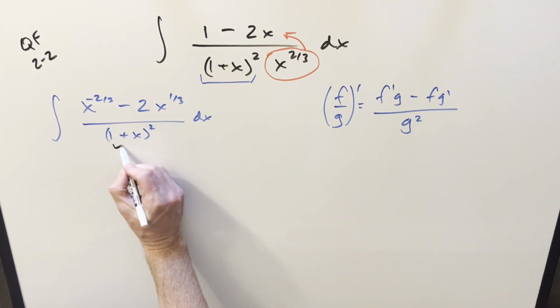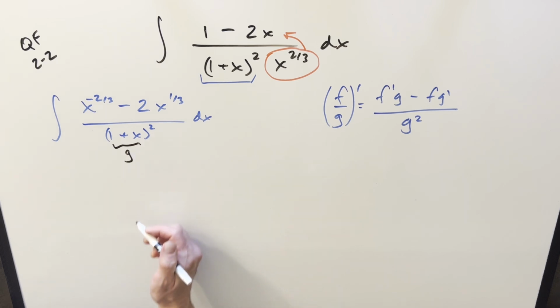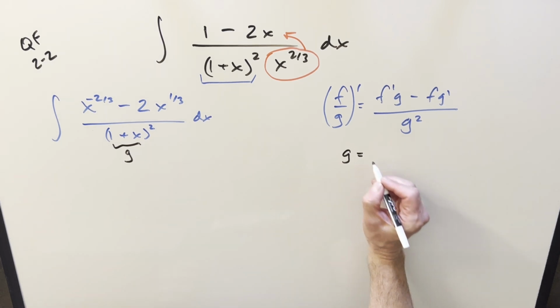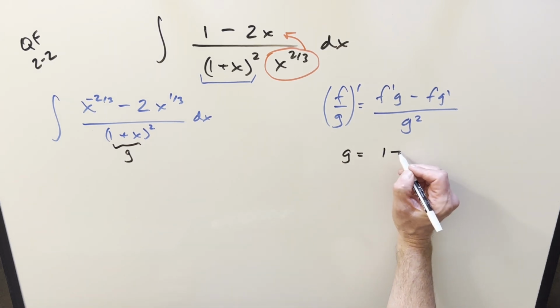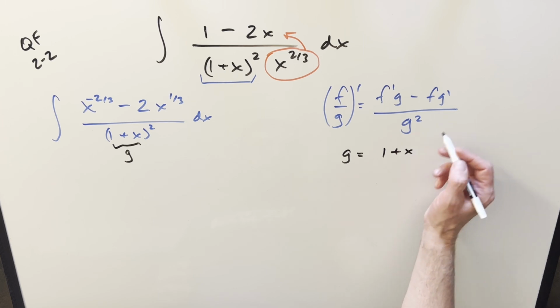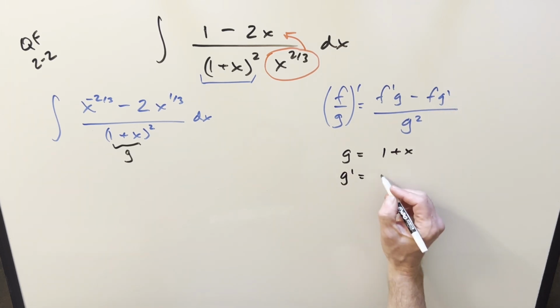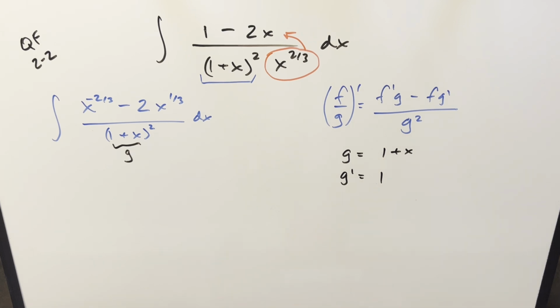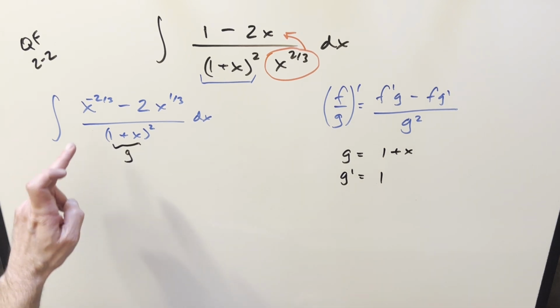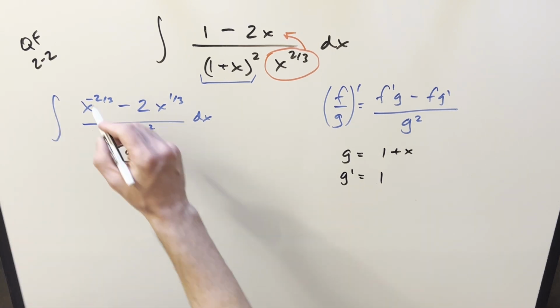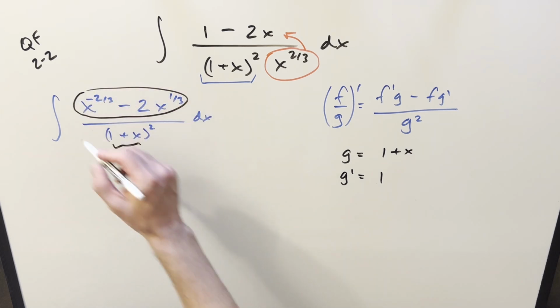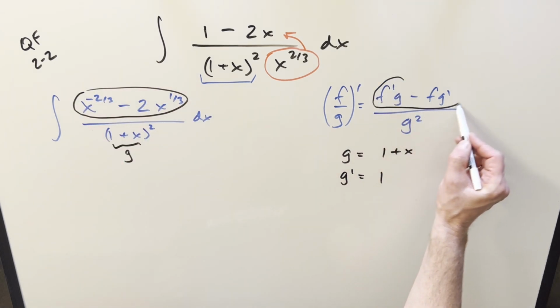For this to work, we want this right here to be our g value. If we assume g to be 1 plus x to the 1/3, in order to get g prime, let's just take a derivative. The derivative of this is just 1. This part can be a little tricky because we want the numerator to be the same as this stuff right here.